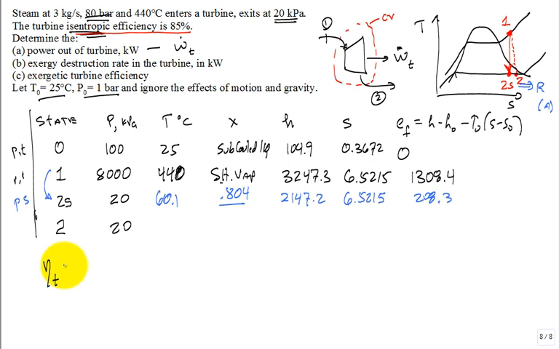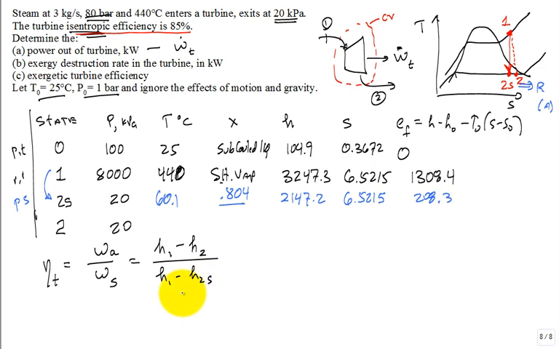That turbine isentropic efficiency is a ratio of the work per unit mass actually out of the turbine divided by the work per unit mass out of the turbine if it was isentropic expansion, S equal to a constant, which is H1 minus H2 actual divided by H1 minus H2S.